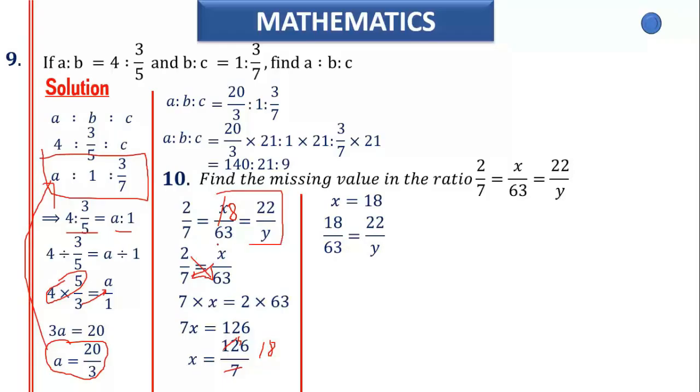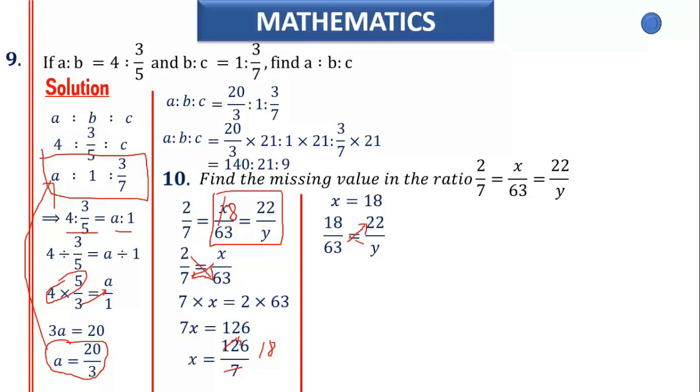So you can then do the grouping again, which is what we have here now. So that means we have 18 over y equals 22 over 63. Of course, you cross multiply.